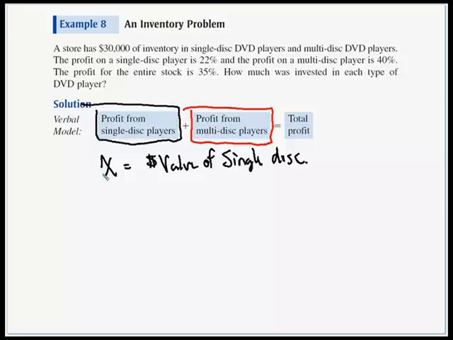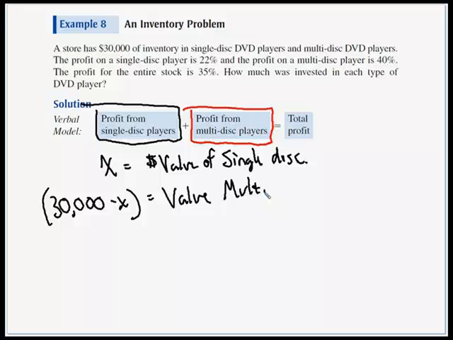So if X represents the single disc player's value, then 30 grand minus X is the remainder, which is the value of the multi-disc. So we've assigned our variables. X is single disc, 30,000 minus X are the multi-discs.